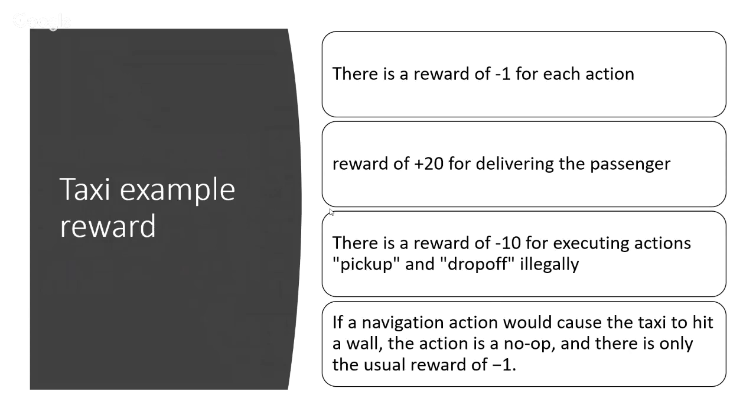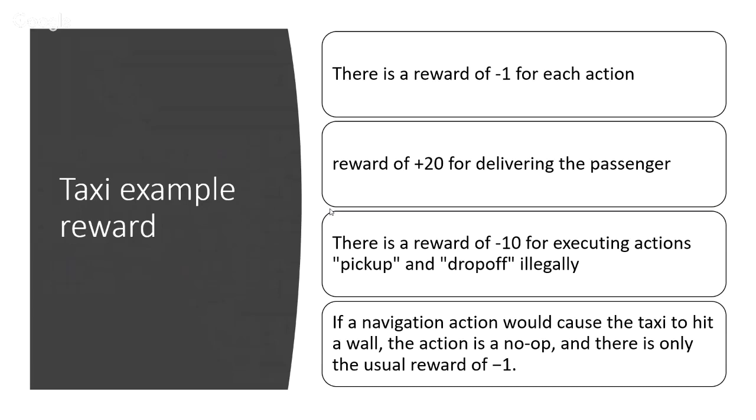Now one of the main important sections: you've got your state or observation space, and you've now got your actions that you can do. The other very important part of a reinforcement learning problem or a Markov decision process is the reward.